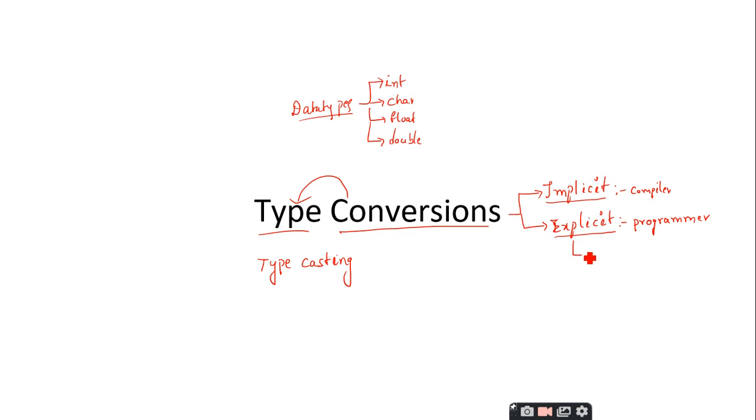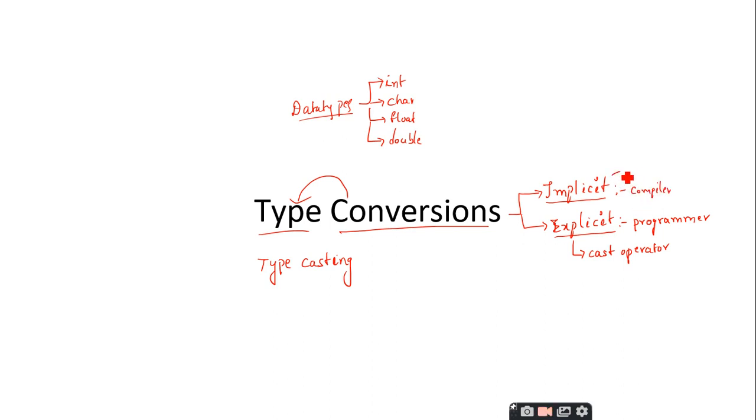In explicit typecasting, we make use of an operator called the cast operator or casting operator. But implicit typecasting does not require any operator for its conversion. Why? Because the compiler will be taking care of everything. It will convert the lower data types into higher data types automatically.